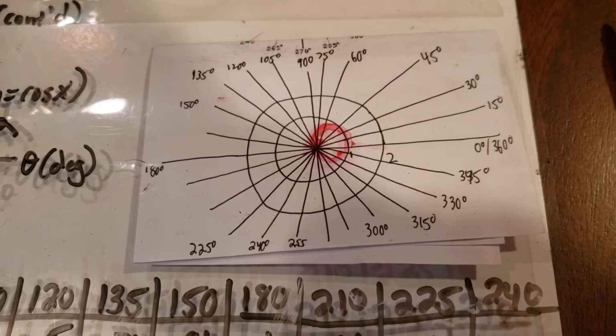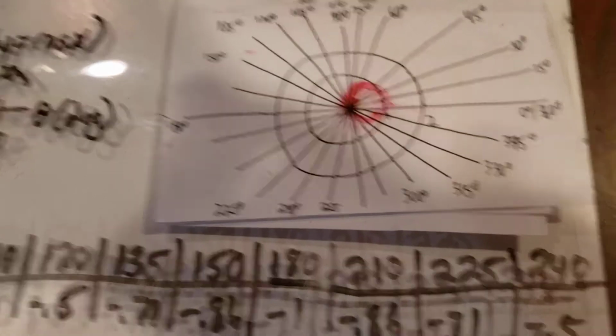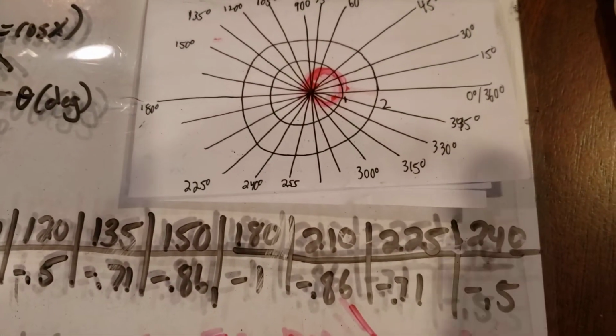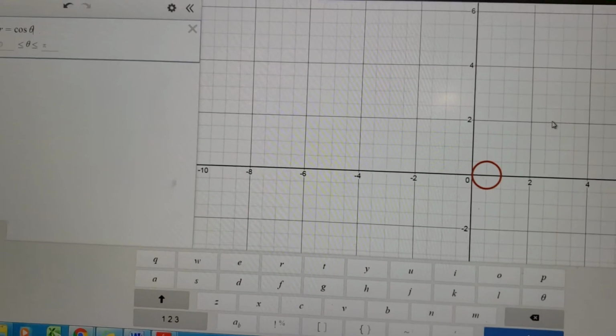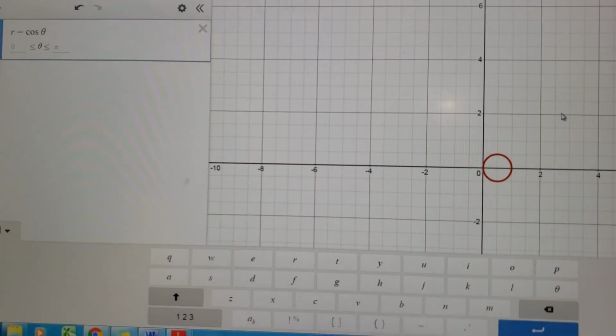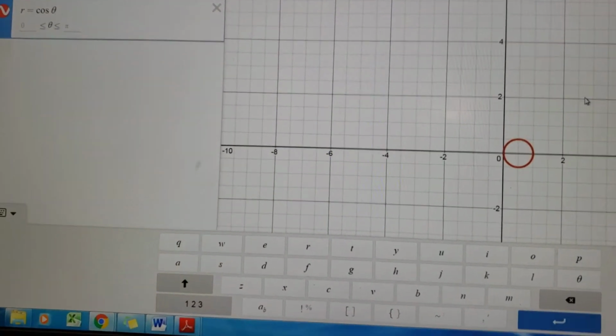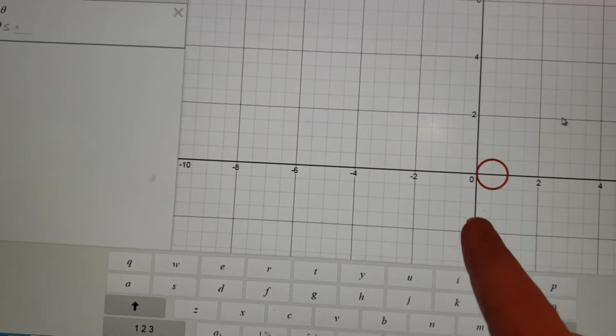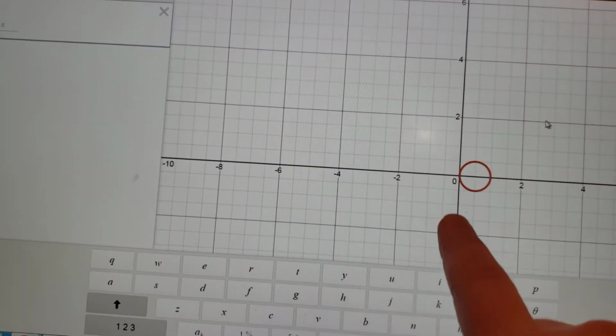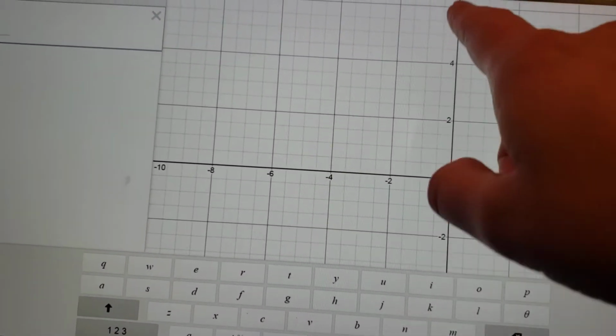I'm going to show this on Desmos for a second so that it's a little clearer. If you take a look at it on Desmos, you can see r equals cosine theta. We've got this nice circle. Notice it's tangent to the line x equals 0.